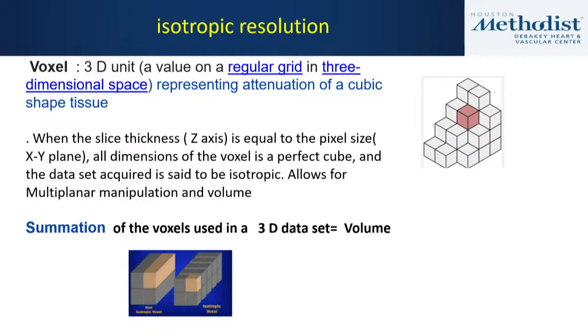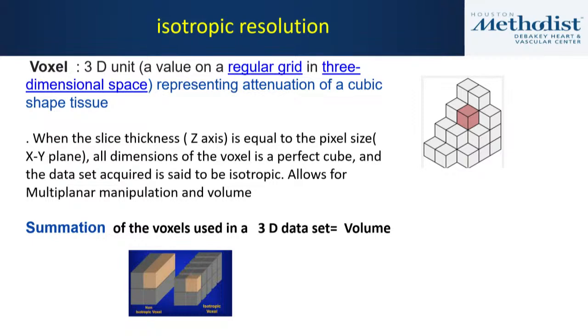Okay, so the other major differential characteristic of CT compared to other imaging modalities is what we call isotropic resolution. It's the only technology where you can have slice thickness equal to the pixel size, meaning that in the X, Y, and Z axes, the thickness can be exactly the same.